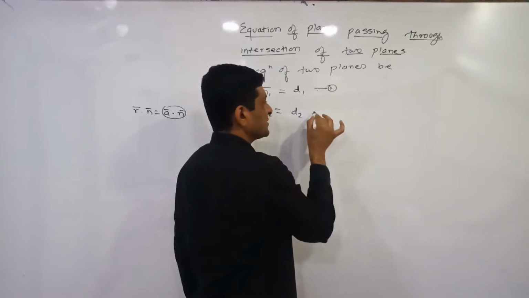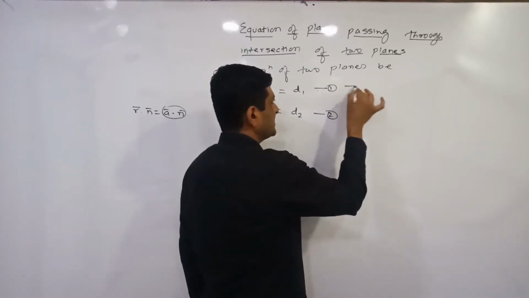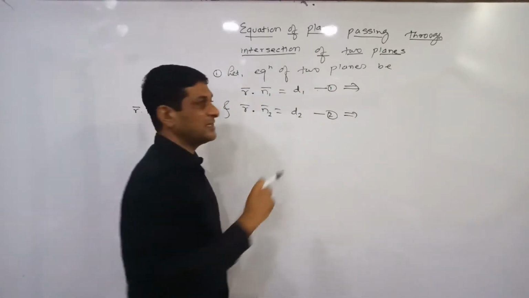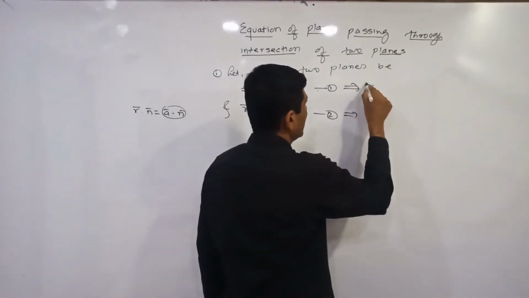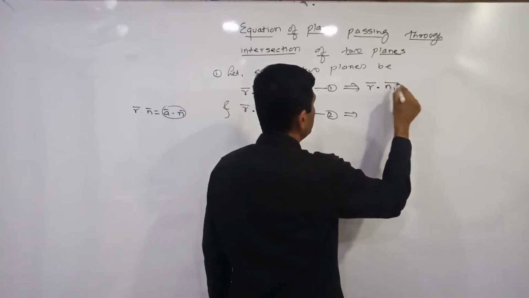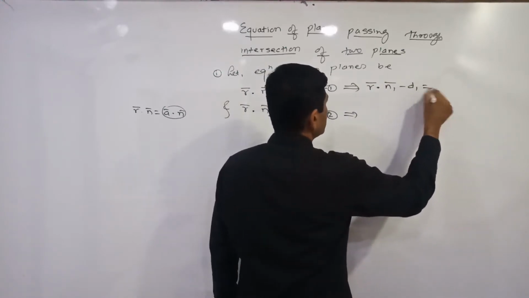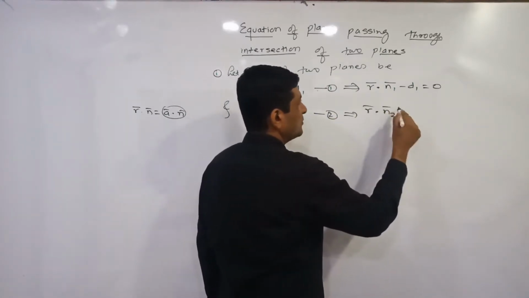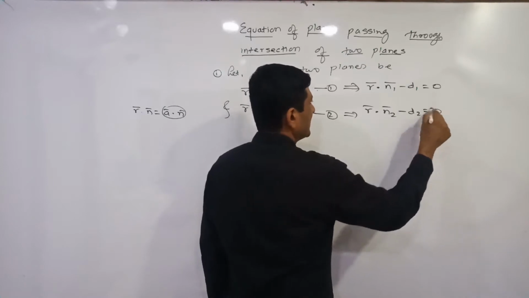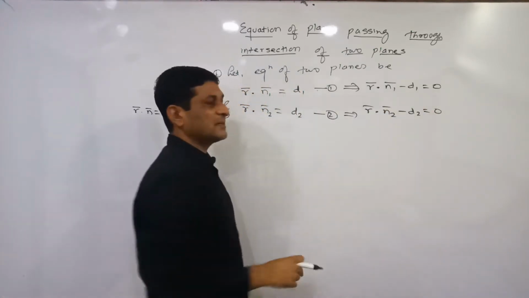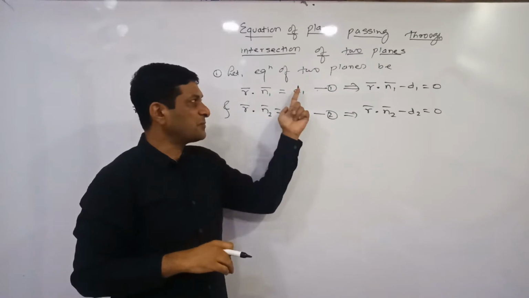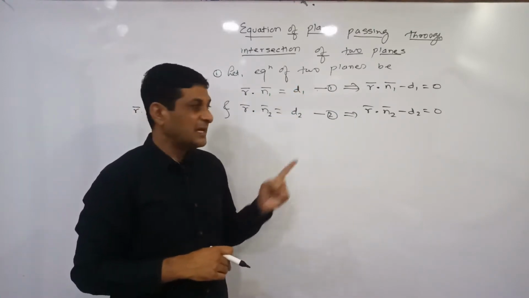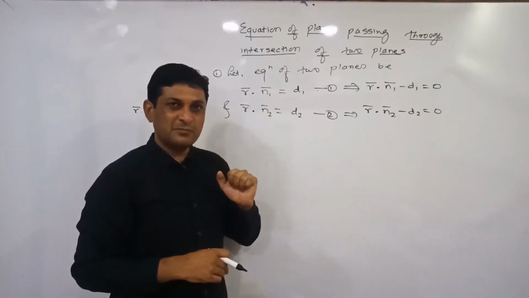Let us denote these as equation first and equation second. Moving d1 to this side, it becomes minus d1, so the first equation can be written as r bar dot n1 bar minus d1 is equal to 0, and the second equation as r bar dot n2 bar minus d2 is equal to 0. We are just trying to get 0 on the right hand side, so for that purpose we are using this transformation: plus d1 on this side becomes minus d1, and plus d2 becomes minus d2.